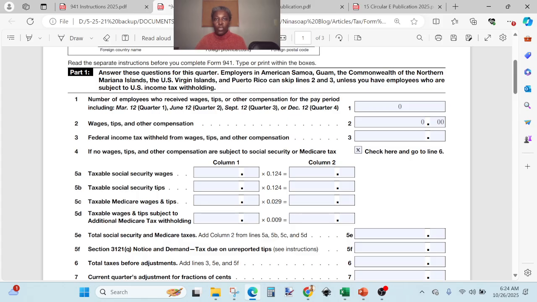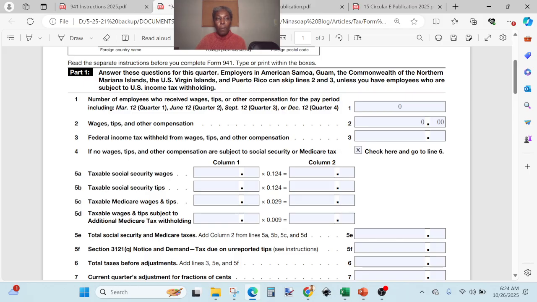Even if it's just you working in your business, taxed as an S corp or LLC taxed as an S corp, and you didn't pay yourself anything, it's going to be 0 employees. Line 2, how much did you pay those people? Since line 1 is 0, you'll put 0 and 00 for the decimal side.